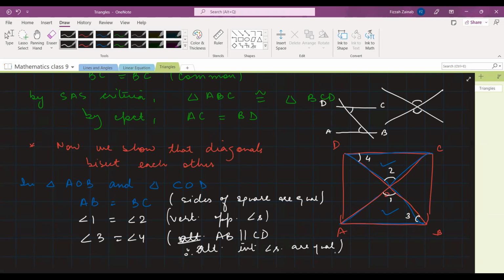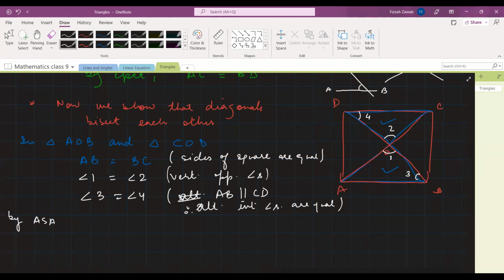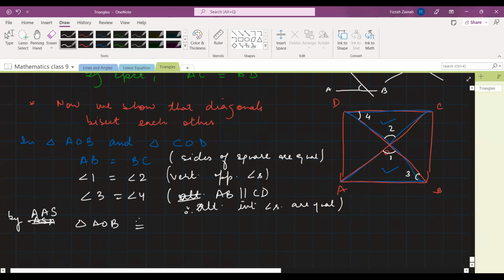Now my triangles are congruent, right? So by which property? Two angles and one side. So ASA, right? Or AAS. Because in continuation you have two angles, right? So A, and then S, AAS. Triangle AOB is congruent to triangle COD.